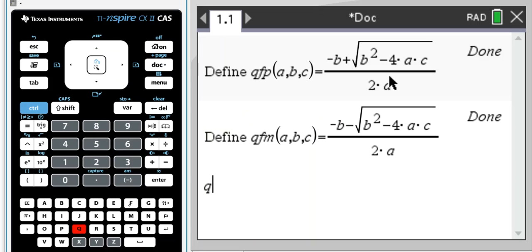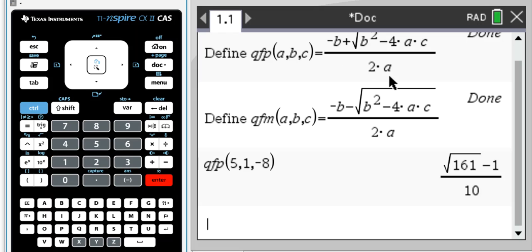So the quadratic formula plus evaluated at the values 1, and negative 8. Those were our a, b, and c values. Well, that ends up being this result. Now, depending on which calculator you use, in the classroom you'll probably get a decimal result here instead of a precise answer.